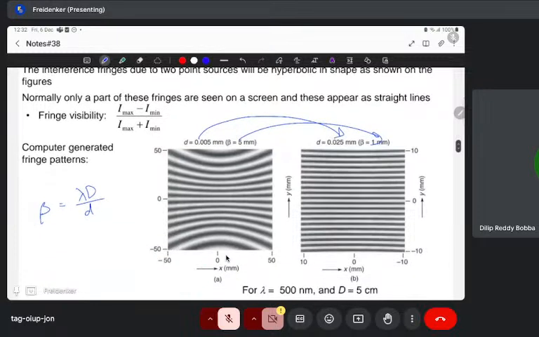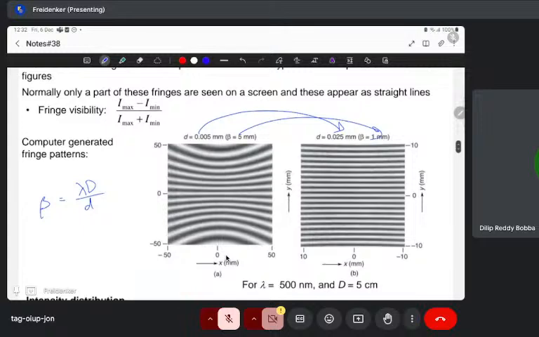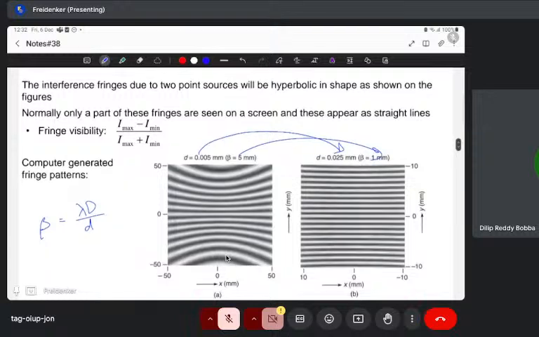Beta is fringe width. So if D is increased, beta will get decreased. That is fine. If you zoom in, you'll get straight lines. I wonder why there are hyperbolic lines?